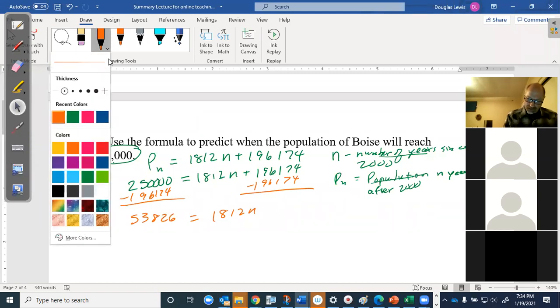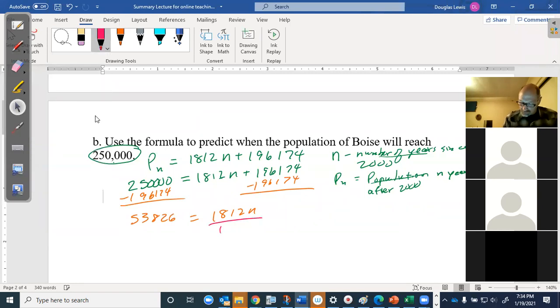And now I think we all know you're going to divide by 1812, right? So I'll take that number divided by 1812. And that gives me 29.7 equals n.